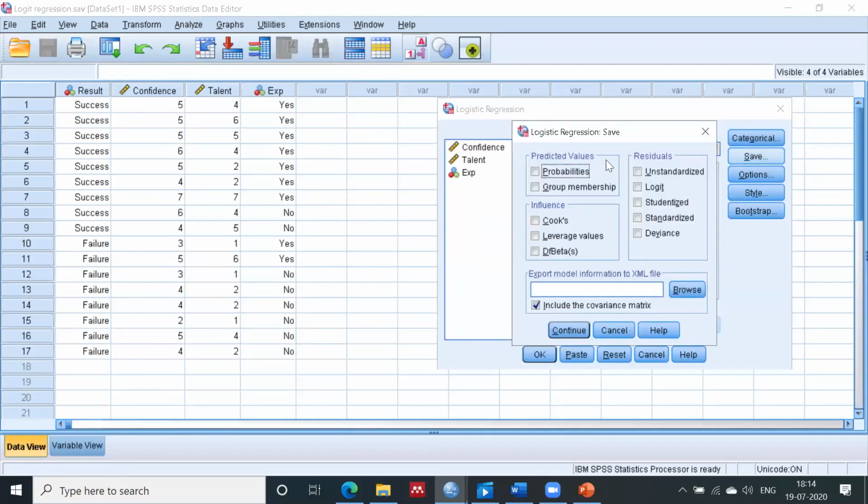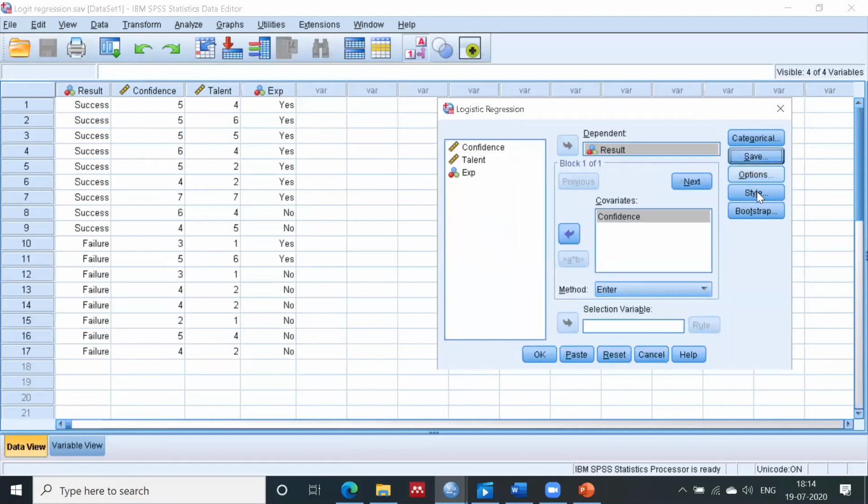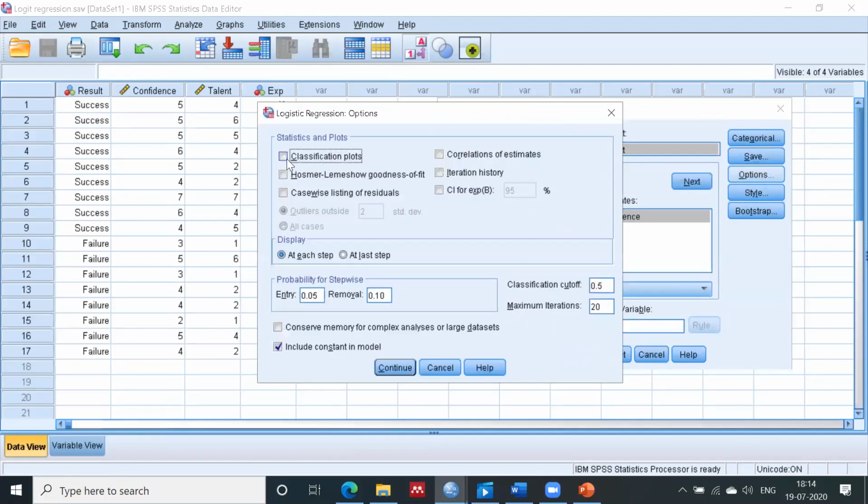In the save, you can leave all these things, but in the options, you have to check classification plots, Hosmer-Lemeshow goodness of fit, because it is helpful to analyze the result for the goodness of fit, right? And iteration history. Iteration history tells us the improvement in all the tests, so you must check iteration history so that we can compare the results.